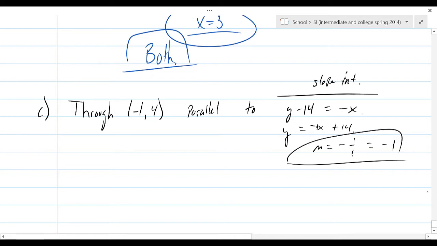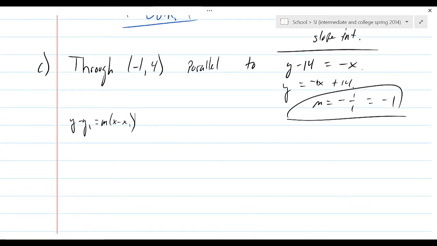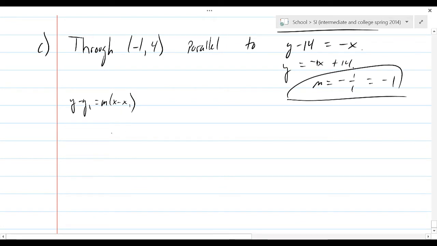Now, let's go ahead and use that y minus y1 strategy. That nice little formula. And plug it into this. And we'll be done. So we've got y minus 4 equals negative 1 times x minus 1. Well, first of all, minus negative 1, that's going to be a plus, so plus 1.